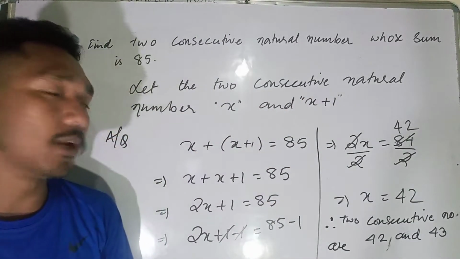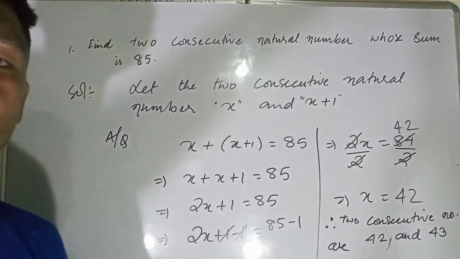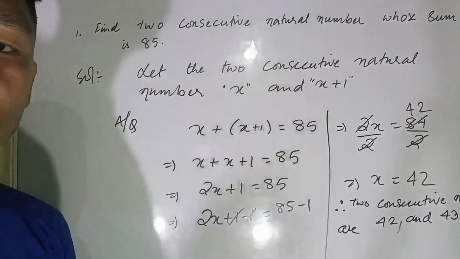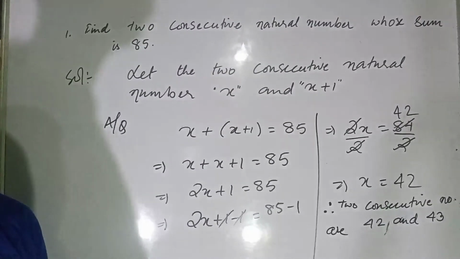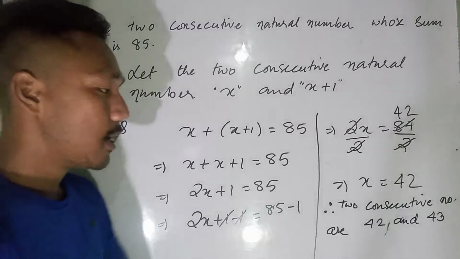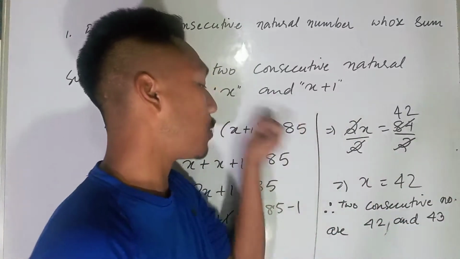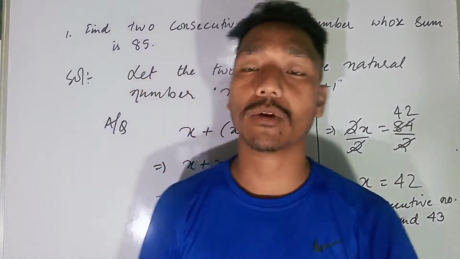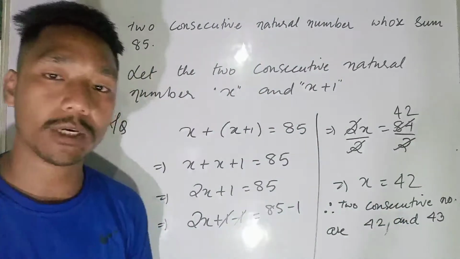So these are the two numbers. If one number is 42, then another number is 43. I think you're clear about this one. So the two consecutive numbers are 42 and 43.